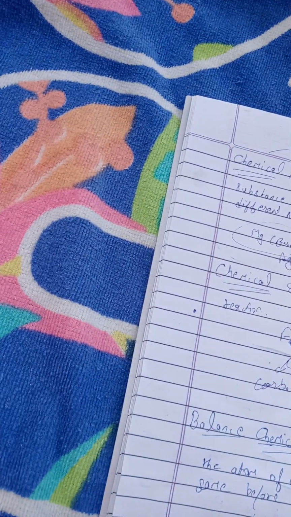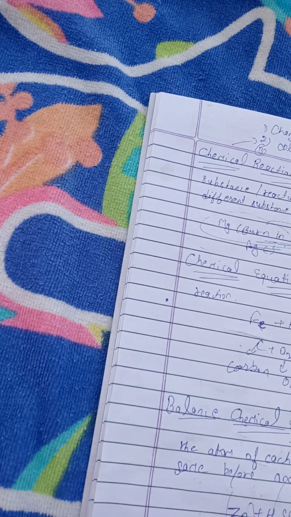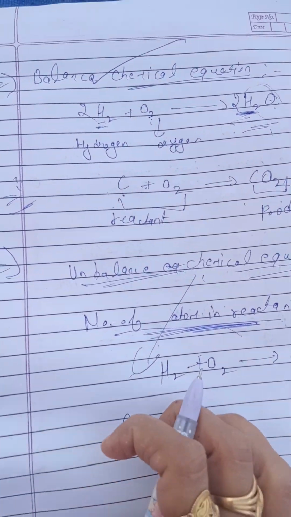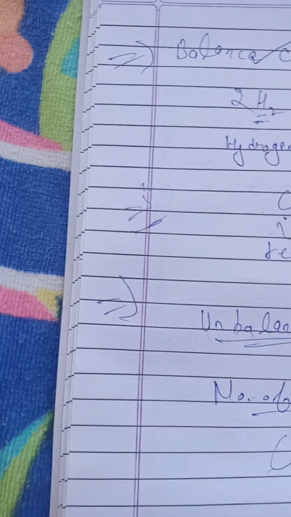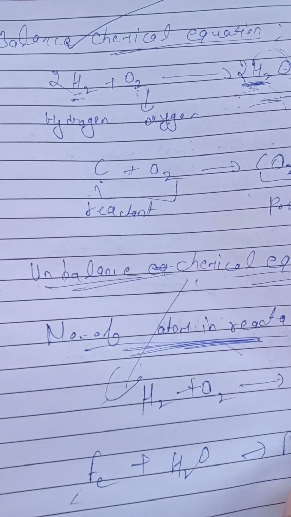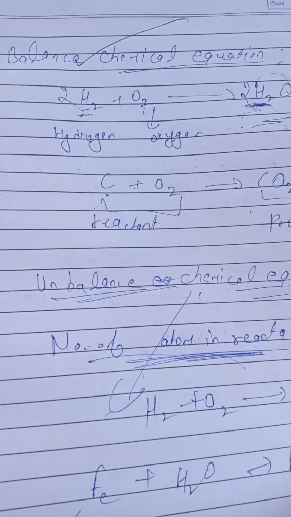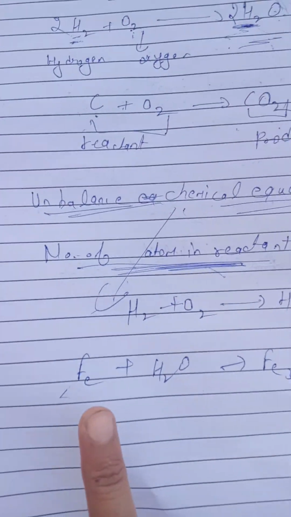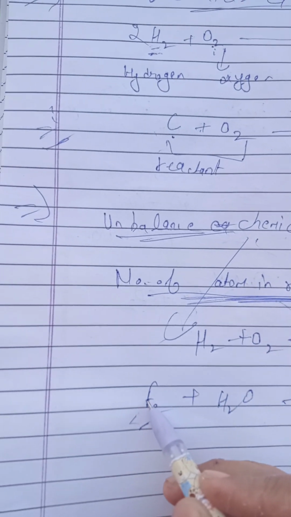In the same way, Fe plus H2O gives Fe3O4 plus H2. Here this is the iron.